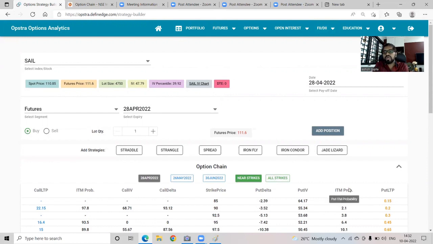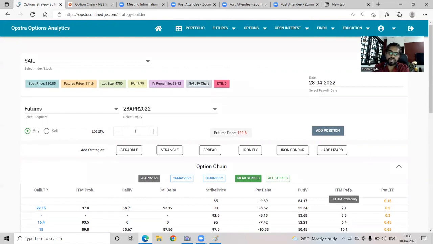Okay, I think that's about it. That's about skew. One other thing which I could probably cover in this video was a Zeal trade that I had done. Zeal opened at a 10% circuit, and obviously there was a huge call skew.